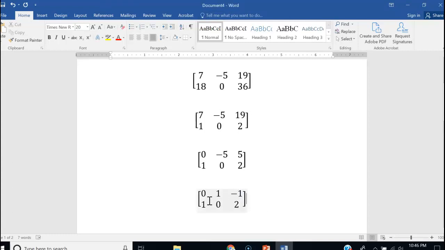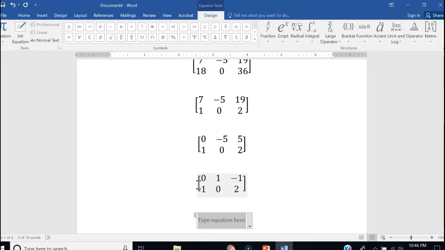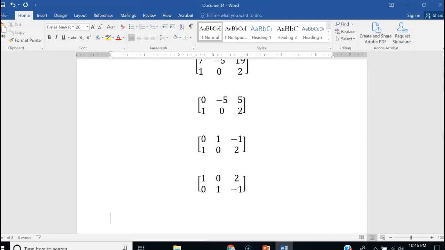And then just for good measure, I'm going to swap rows 2 and 1. Typically you don't have to do this, but I like to do it because it makes it look nicer. And we're going to see in the next section that what we like to do is make this look as nice as possible and always have the same look, or as close to the same look as we can.